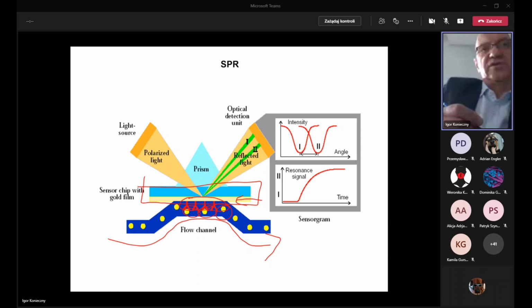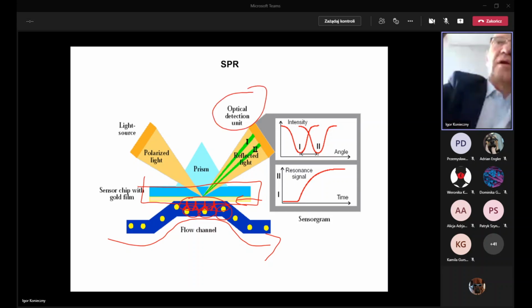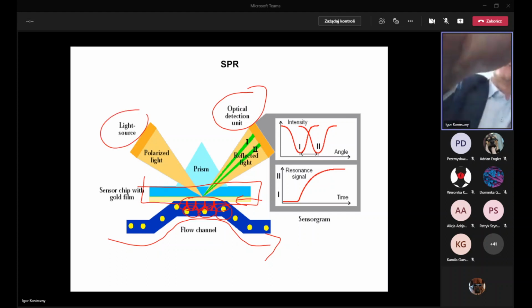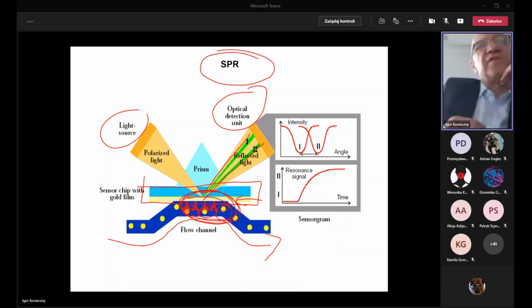This is reflected by the optical detection unit with a light source and polarized light, and you can see different angles when the mass on the surface is changed due to the interaction. This is just the basis of surface plasmon resonance.